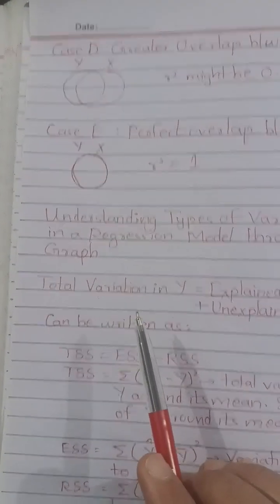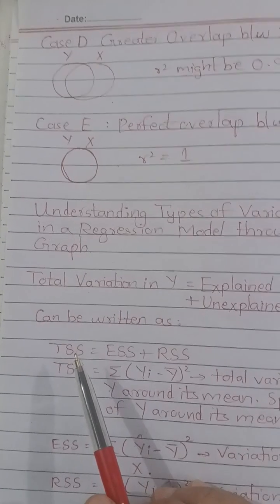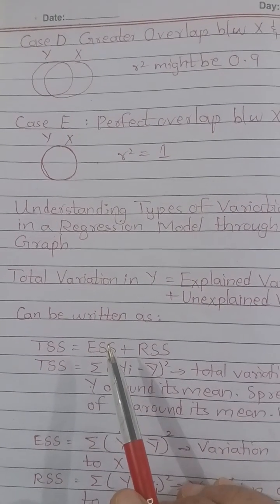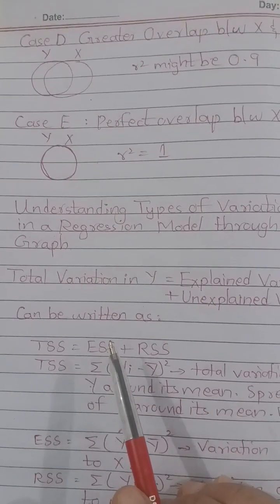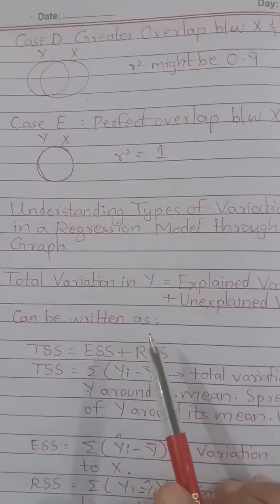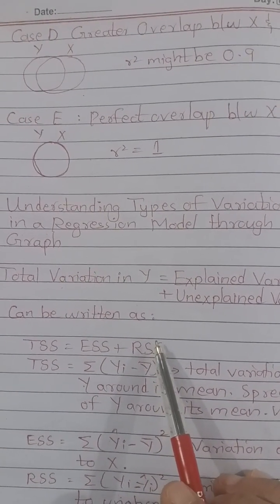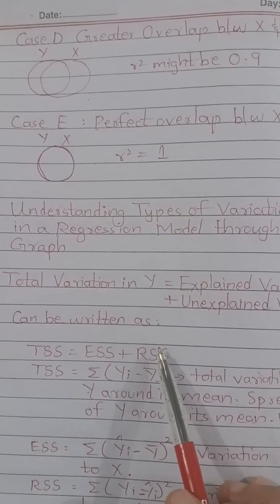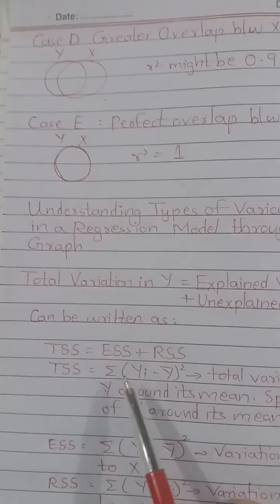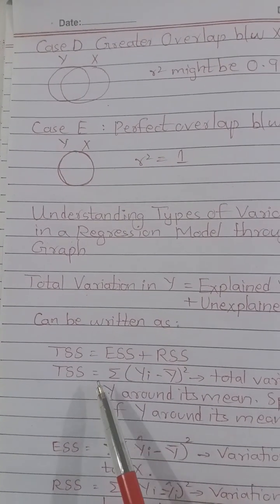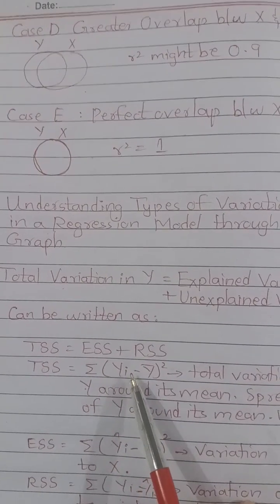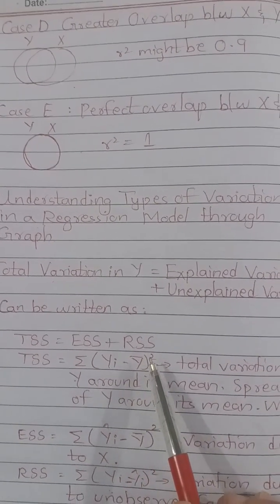Total variation is also called total sum of squares, which is equal to explained sum of square due to our x variables, and residual sum of square due to our error term or due to residual or due to unobserved factors. Total sum of square can be written as sum of yi minus y bar squared.